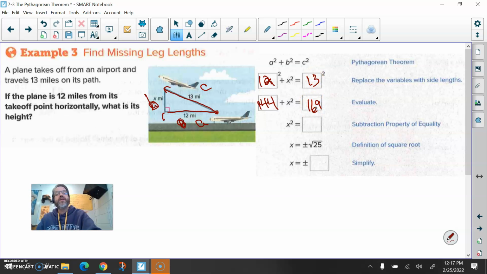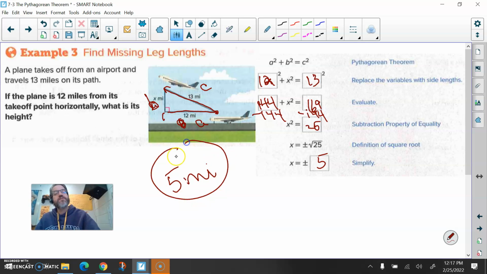See, in this one, you can't add these up. They're on opposite sides, so you actually have to subtract 144 from each side, which gives you 25. So X squared equals 25. So X would be the square root of 25, which is 5 miles.